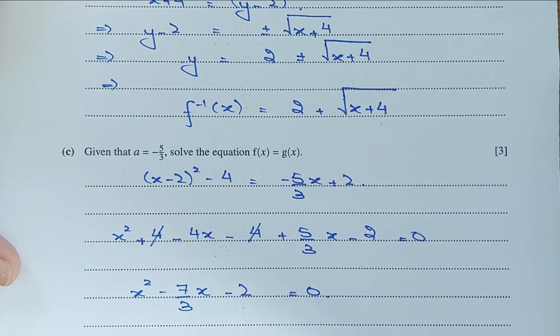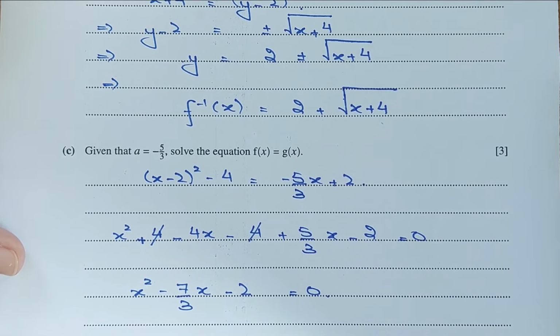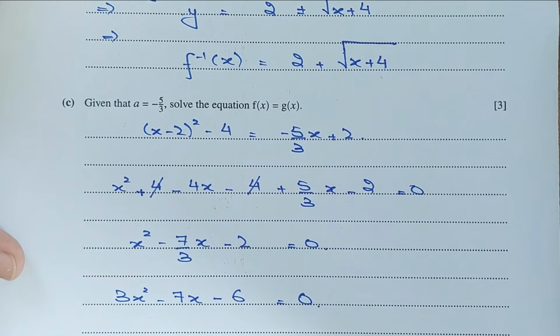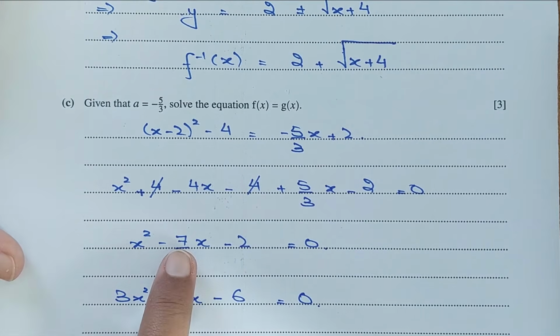Right. Now let me solve this by factorization, or okay, multiplying by 3. 3x squared minus 7x minus 6 equals 0. Multiplying by 3 throughout the equation: 3, minus 7, and 3 times 2 makes 6.